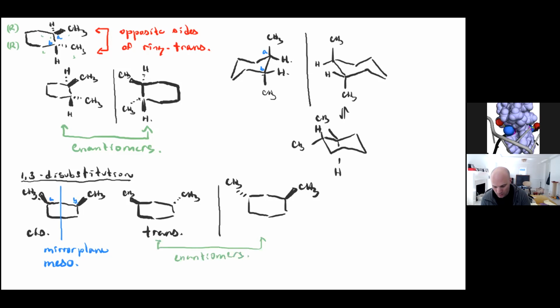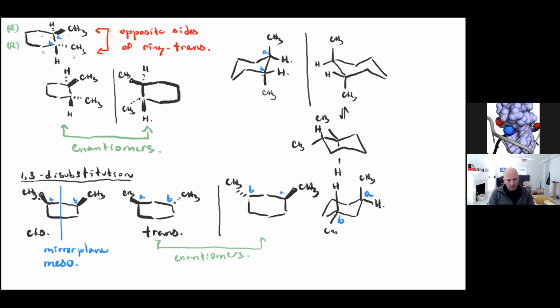Okay. And so we can also approach this from the chair representation perspective. And so let me draw it over here. Okay. And so I've got a methyl group up and then a methyl group down. And let me label carbons so you can see. So this is A and this is B here, okay?